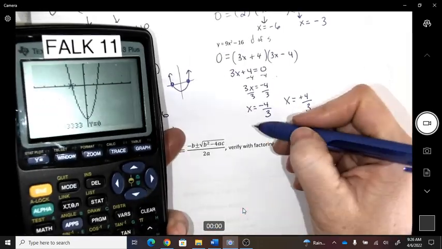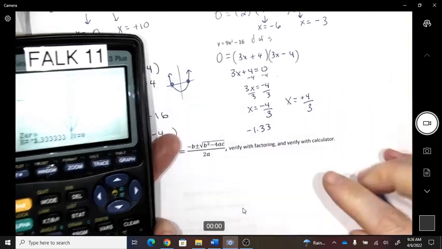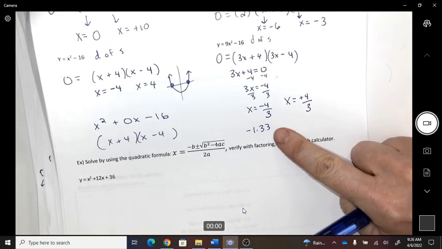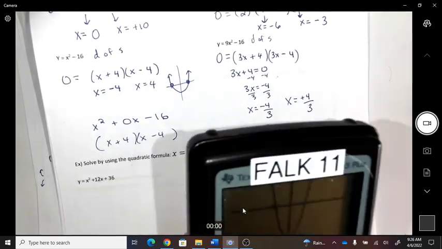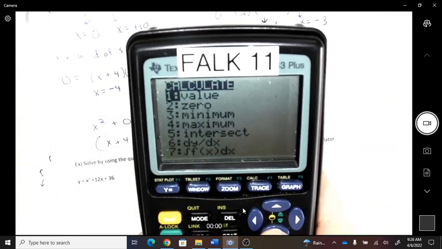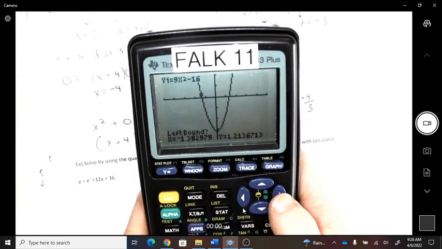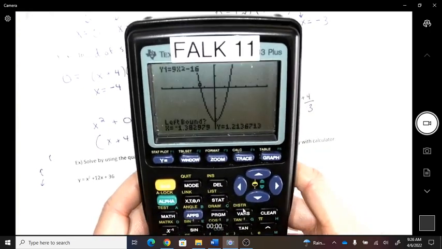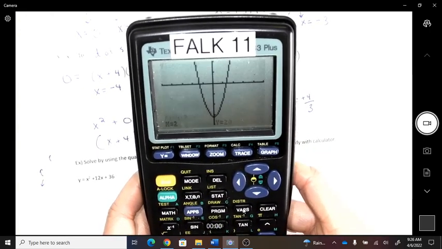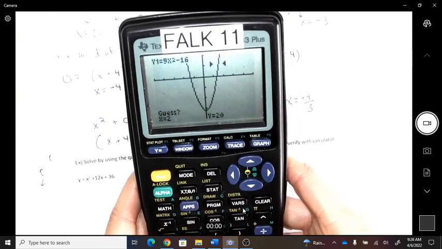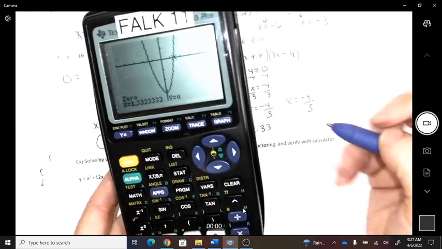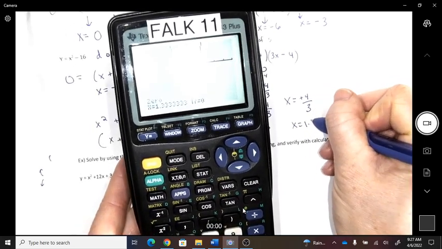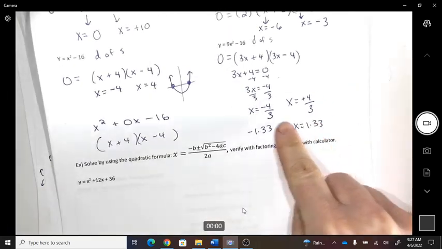What do you think? -1.33. Do you know your math? Does that match that? Yep. Okay, and if I second calculate the 0, I'm going to left bound it. I'm going to right bound it. So it's between there, 1.33. So I can check, and those match.